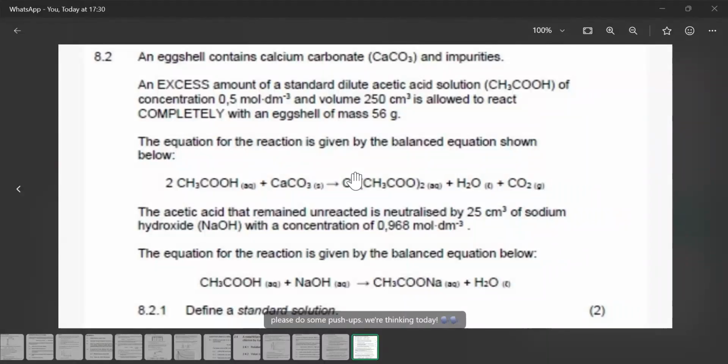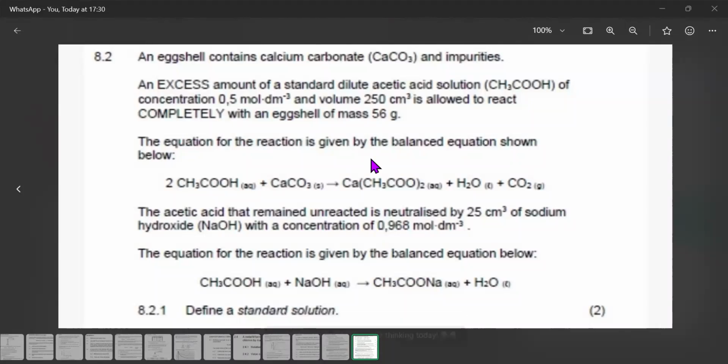The equation of the reaction is given by the balanced equation shown below. The acetic acid that remained unreacted is neutralized by 25 centimeters cubed of sodium hydroxide with a concentration of 0.968 moles per cubic decimeter. The equation for the reaction is given by the balanced equation below.